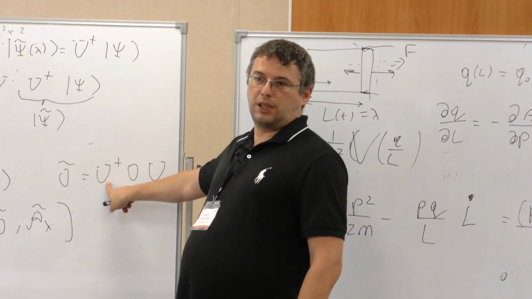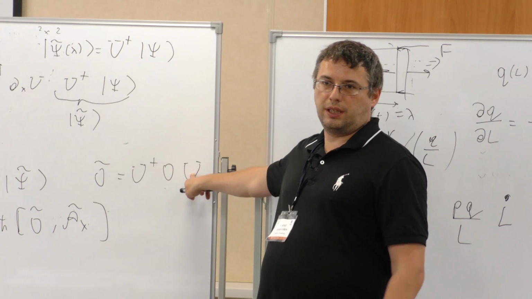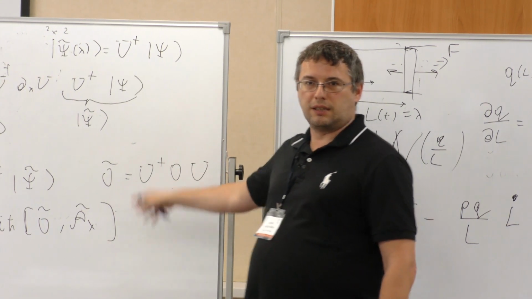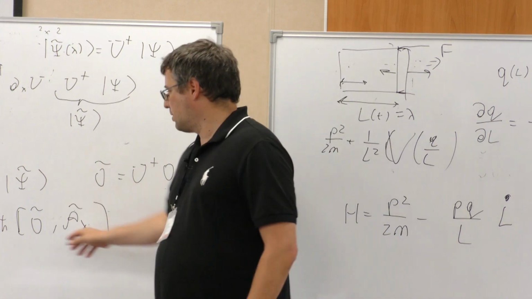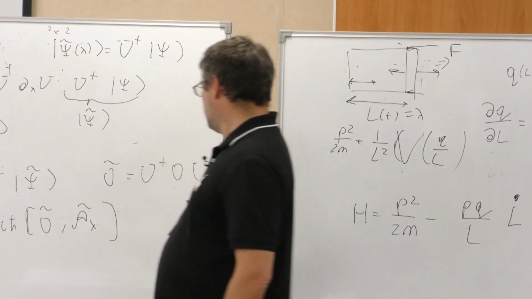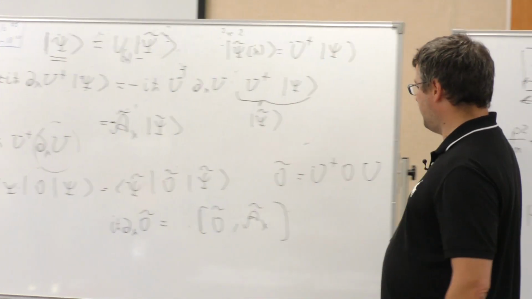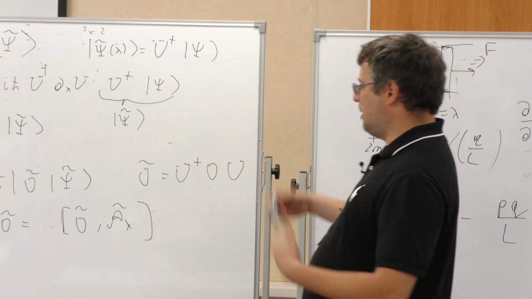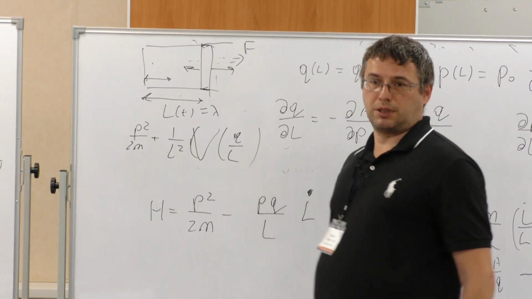I have to differentiate u dagger here, I'll get a minus sign. I have to differentiate u here, I'll get a plus sign. And then if you multiply by u and u dagger, you will get this. And you see that there is no i h bar, because i h bar is absorbed into the definition of A. So I'm getting, again up to a sign, normal Heisenberg equations, but in the parameter space.